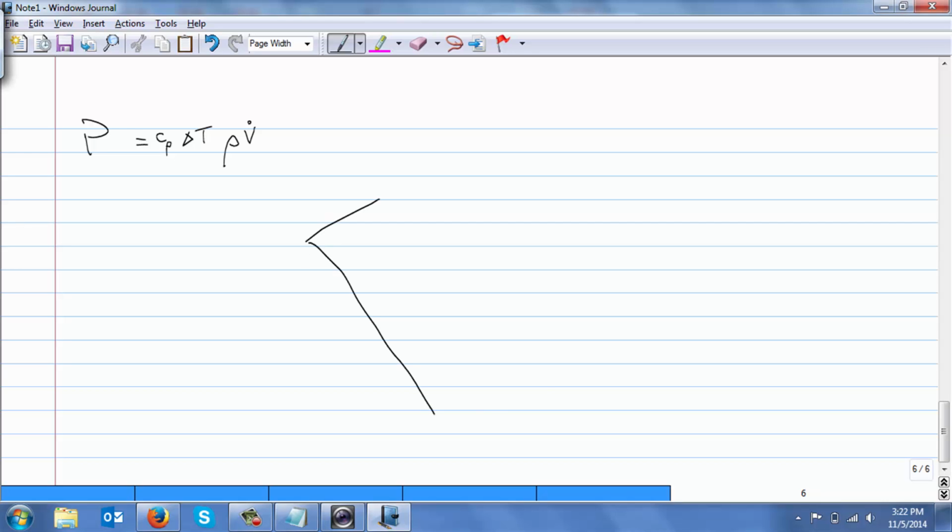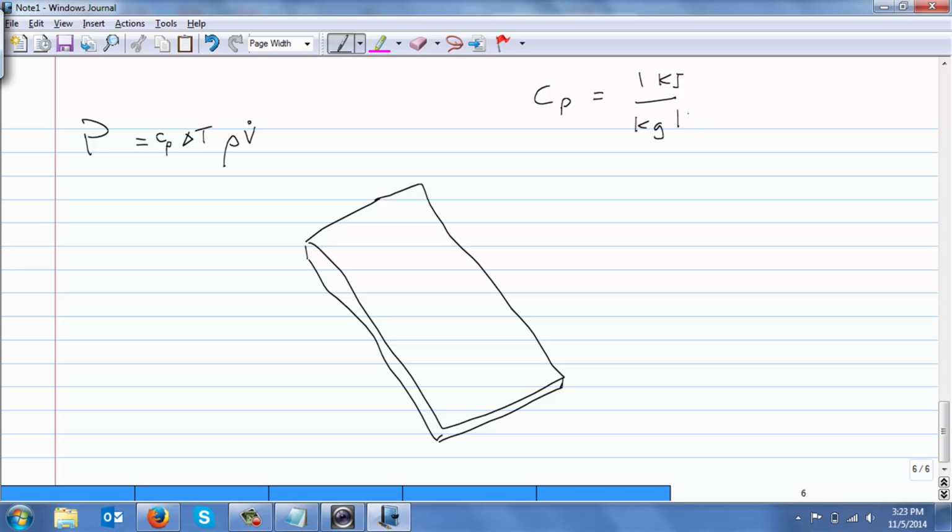All right, guys, so let's just do a little back of the envelope calculation and see what we might expect for this system, right? Because you're going to be out in the field, you want to design your own system. Now, P equals... so C sub P, what does C sub P equal? We already know, it equals 1 kilojoule per kilogram Kelvin.